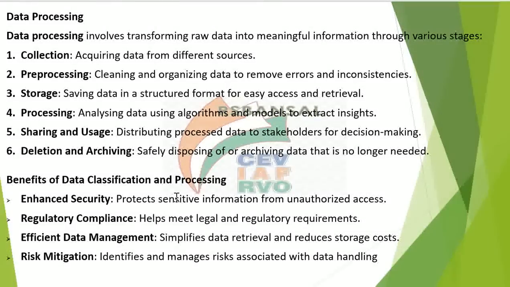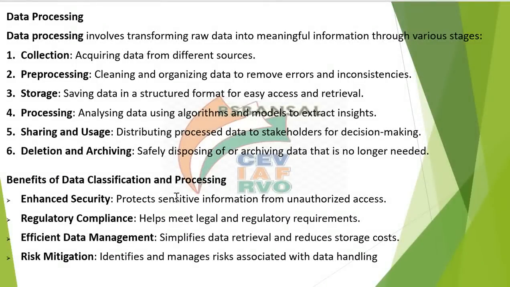So next is data processing. So what is data processing? Basically, it involves transforming raw data into meaningful information through various stages. As you know, you have already collected the data, you have acquired the data from different sources. First thing you have to do is pre-processing.